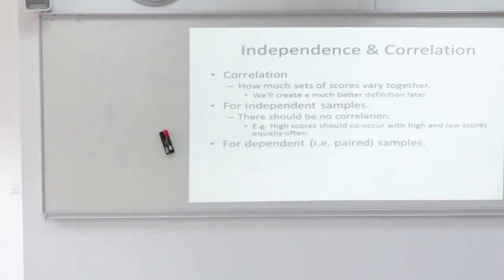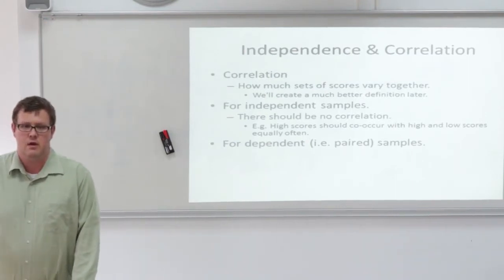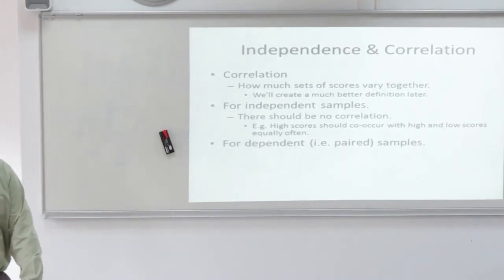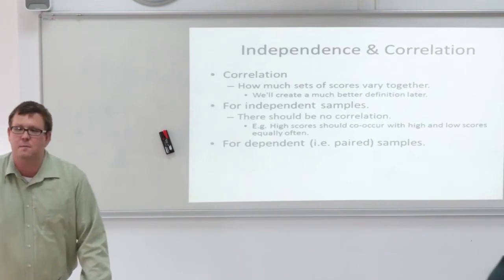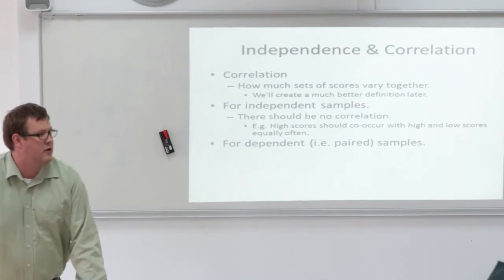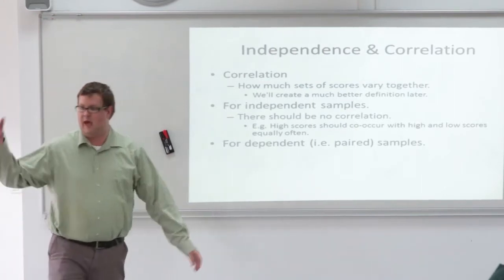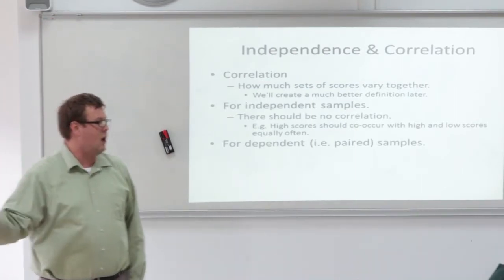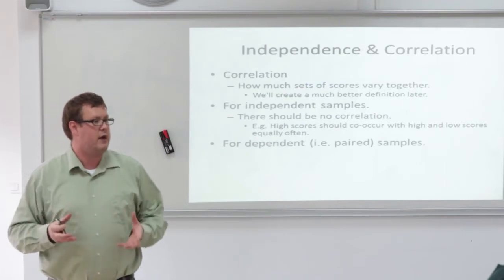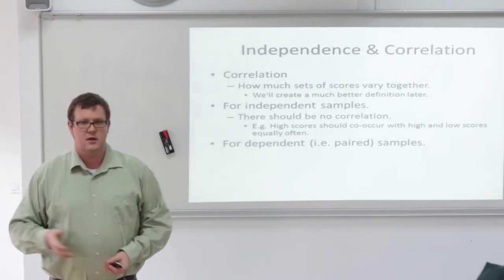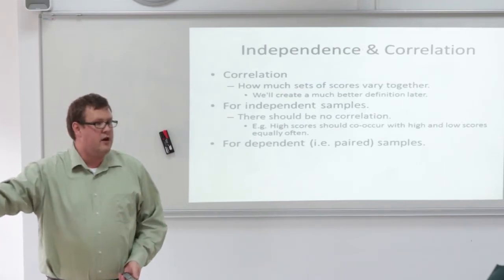For paired or dependent samples, though, should there be a correlation? Yes. Hopefully, if we have paired things wisely, there should be a high amount of correlation. For something like the example that we gave where we have Ramza performing against Ramza, the correlation should be very high, right? Because of all those things that aren't changing.